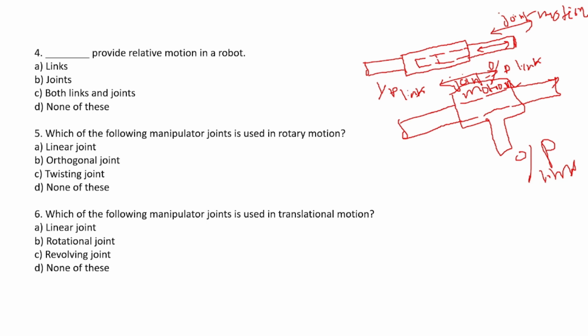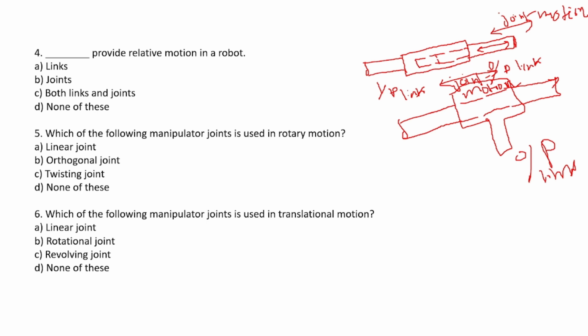So joints provide different degrees of freedom to the robot. Finally, it allows the robot to move and position objects in space. We have seen several types of joints, rotary and translational motion joints.